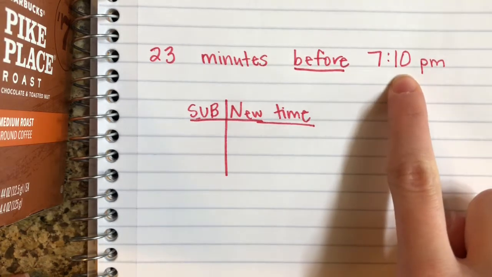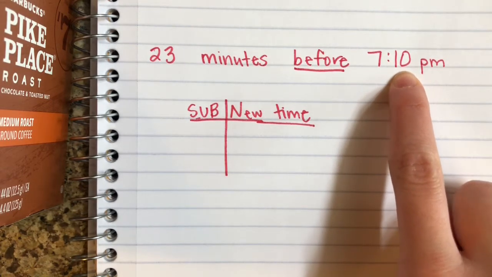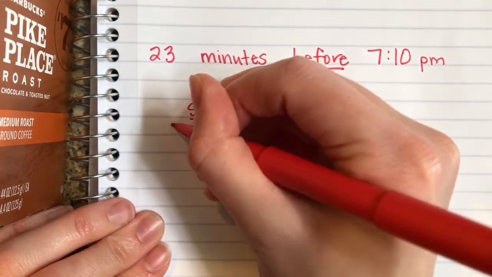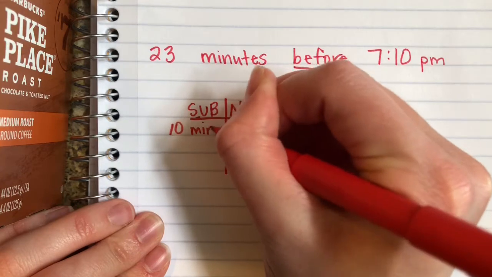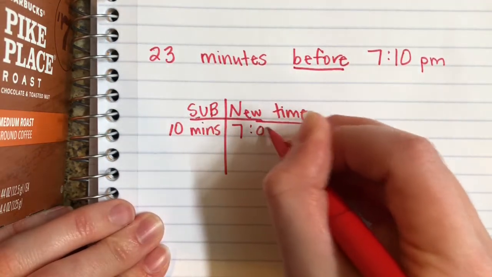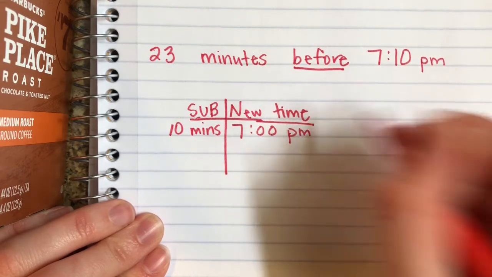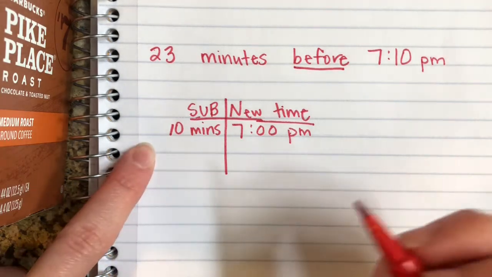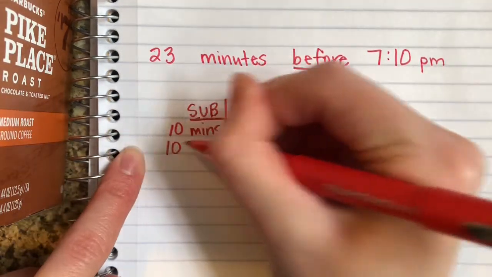So first thing I notice is that we are ending in an even 0 number. I'm going to take away this 10 minutes so that we are at an even 7 o'clock. So if we take away 10 minutes, these 10 go away, we are at 7 p.m. Then I notice we can take another 10 minutes away because we have to reach 20.